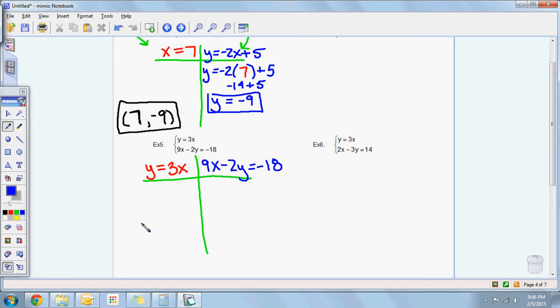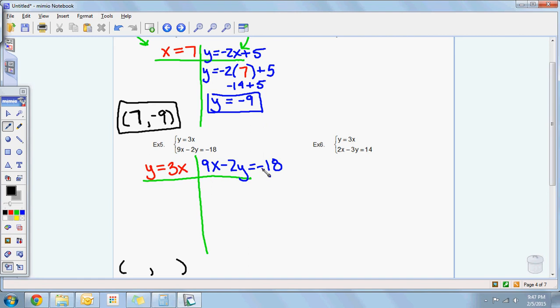This time it's a little bit different. We don't have one of the variables solved for us, so that's kind of a bummer. We know our solution is going to be an x and a y value, so we have to solve for both. So we have to think, what would be easier to substitute in?